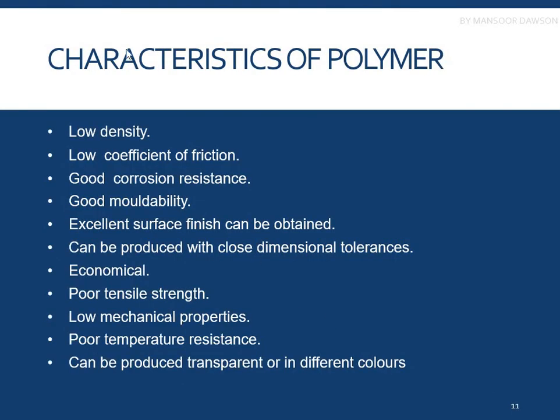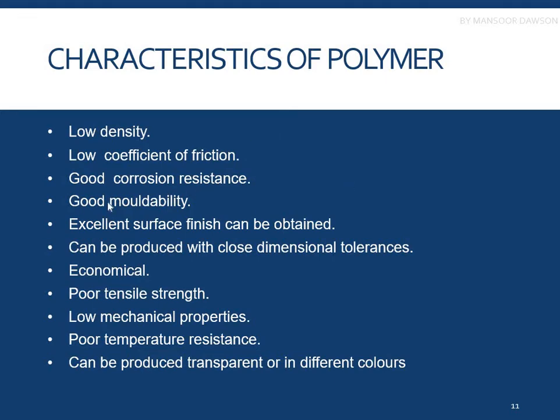So these are some characteristics of polymers: they have low density, a low coefficient of friction, and good corrosion resistance. But the negative part is that these are usually not biodegradable, and scientists today want to make polymers which are biodegradable, so that we can eliminate the problem of landfills and land pollution.